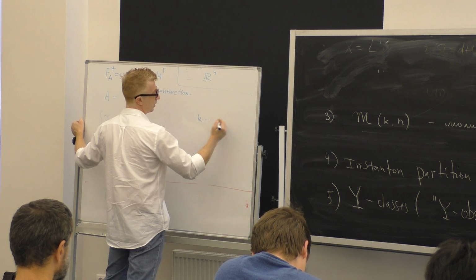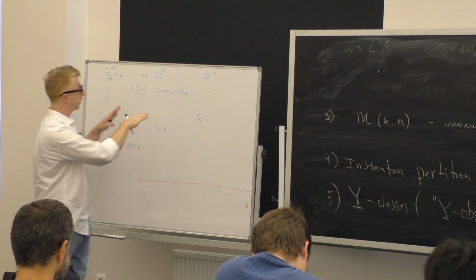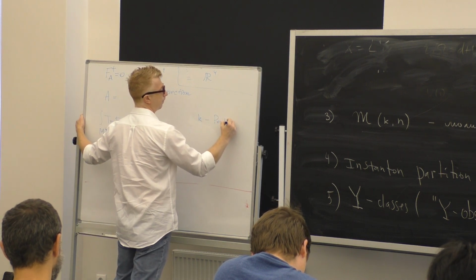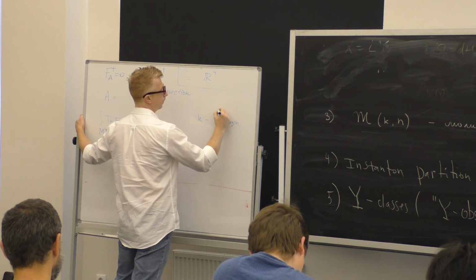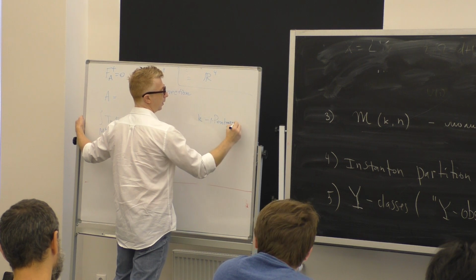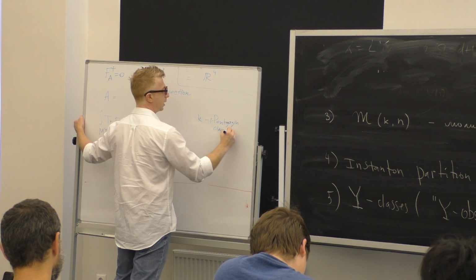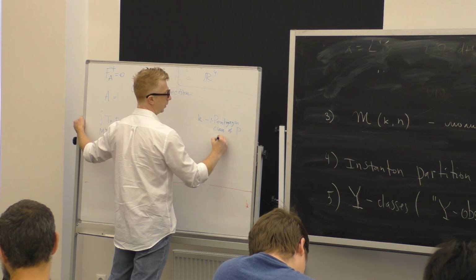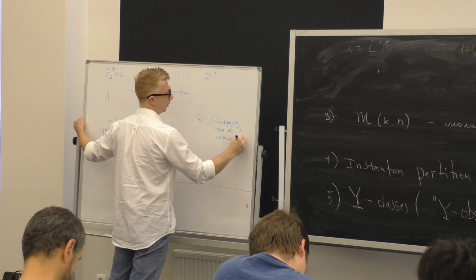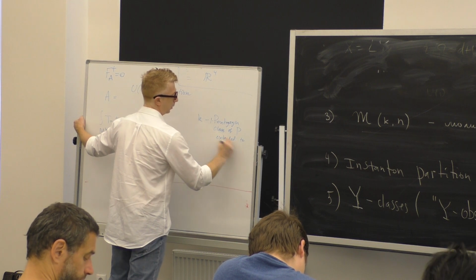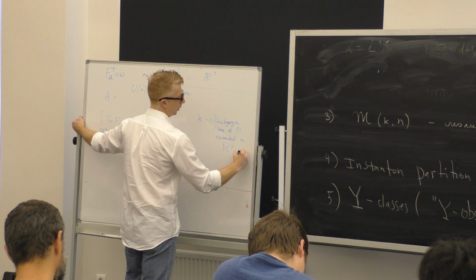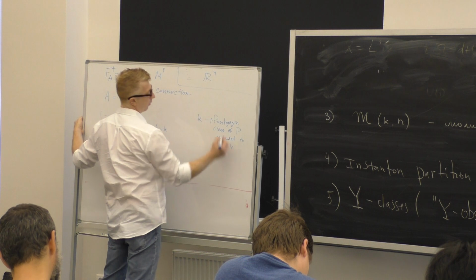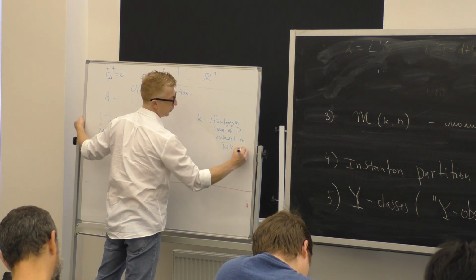So it's the first Pontryagin class of the bundle P extended to the compactification of my four-dimensional manifold. So for R4, this will be just S4, the four-dimensional sphere.